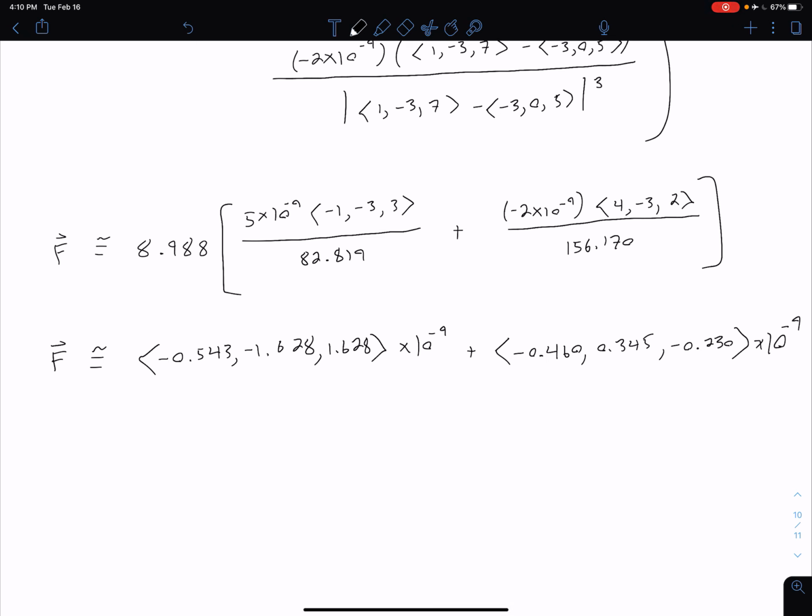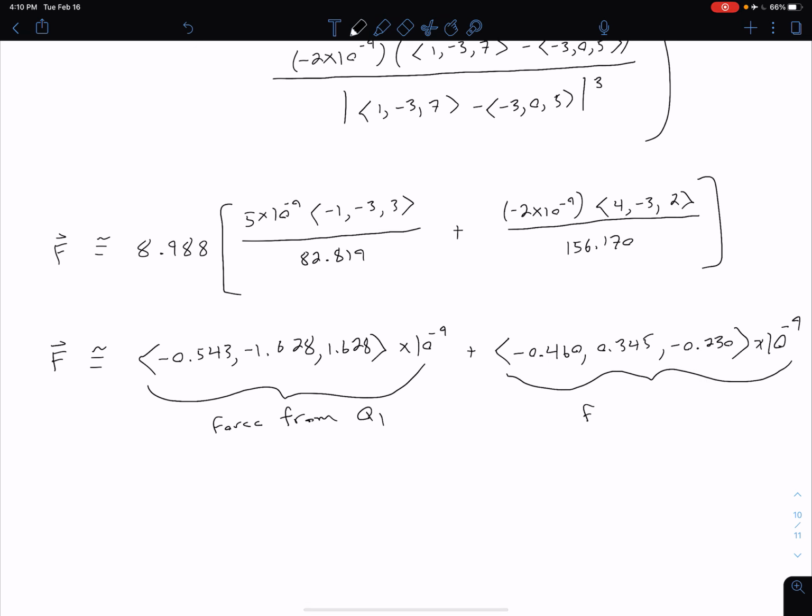And again, why would I want to keep these separate? It's just to point out that this first term, including the 10 to the minus 9, is our force on Q3 from Q1. And the second term, including that whole 10 to the minus 9, is our force on Q3 from Q2. And so if for whatever reason we wanted to know the force from one of several components, we could keep them separate.